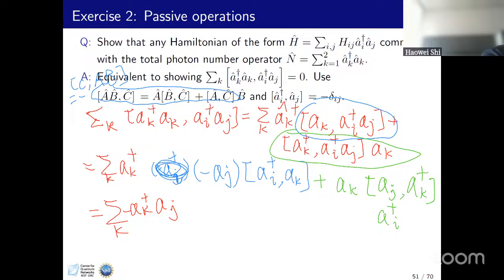So now we are ready to plug in the canonical commutation relation, which is minus, i k, for the green term.